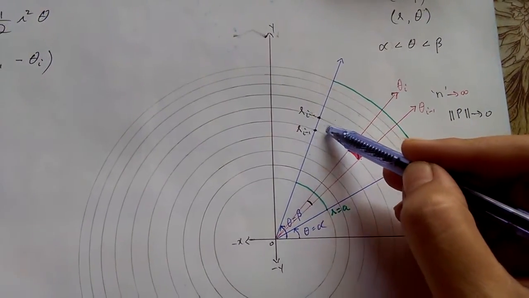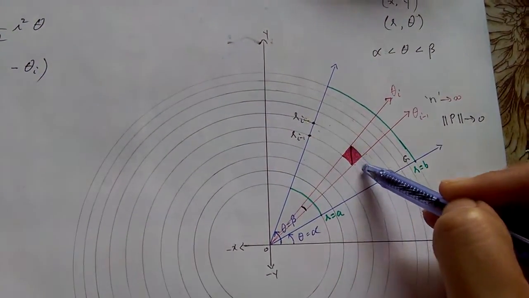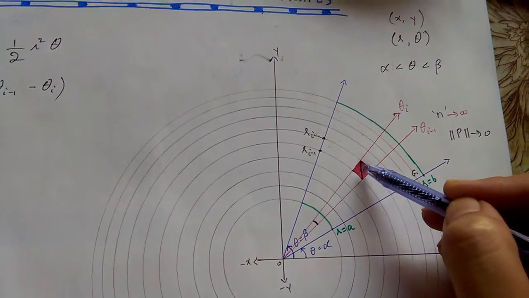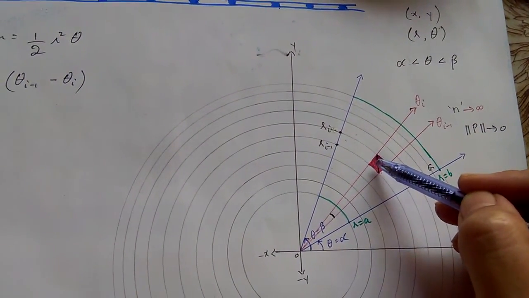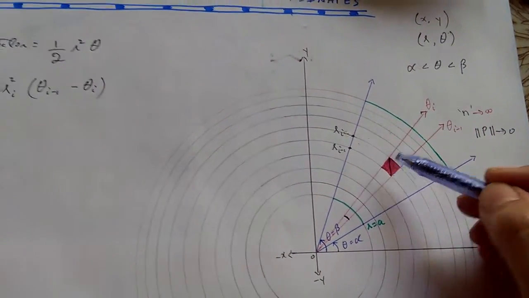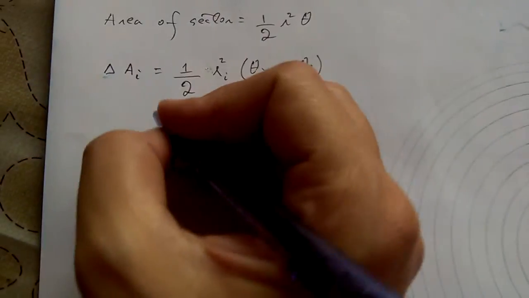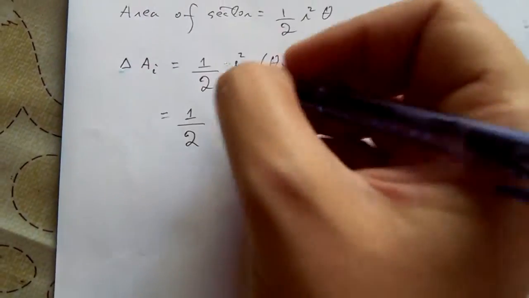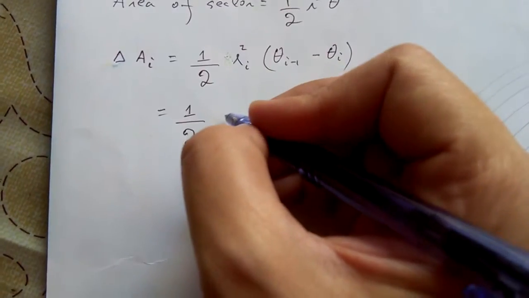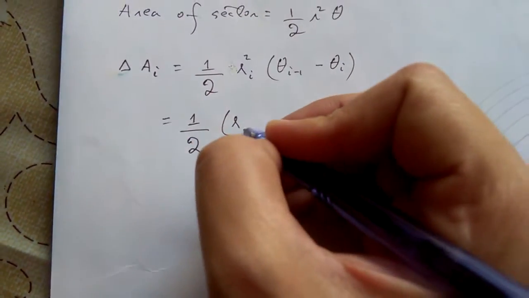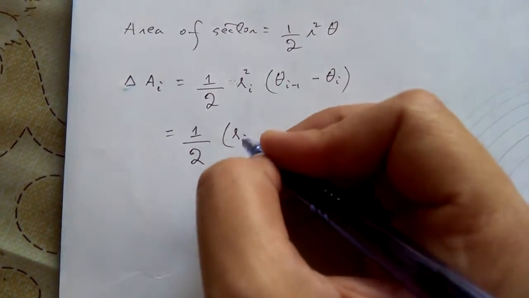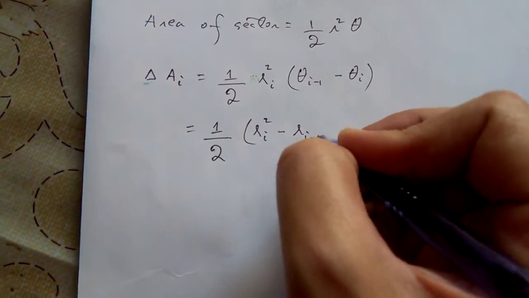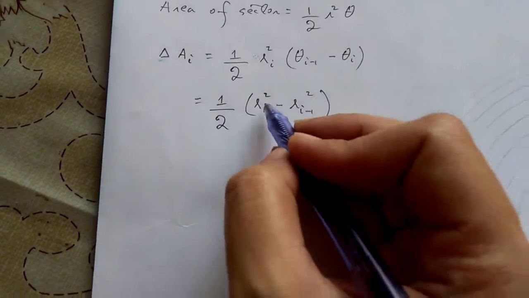So we have the area bounded by these two circles.